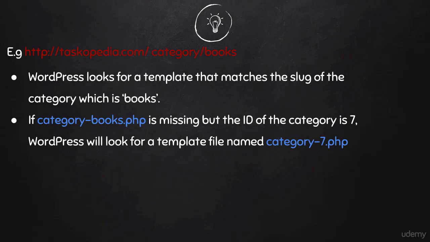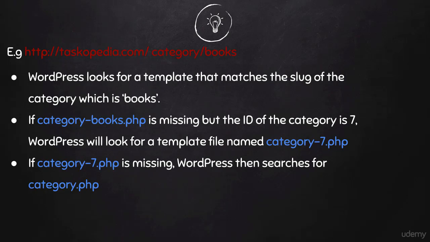Okay, if category-books.php is missing, WordPress will then use the ID. Let's just imagine that the ID in this case is 7. WordPress will then look for a template file named category-7.php. Okay, so we can now see the hierarchy forming. First of all, it searches for category-books.php. That doesn't exist. Okay, category-7.php is next.